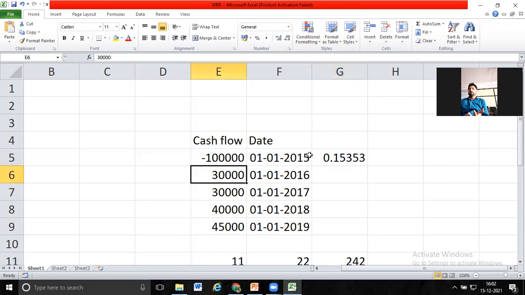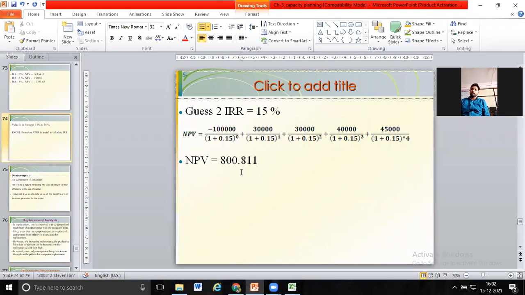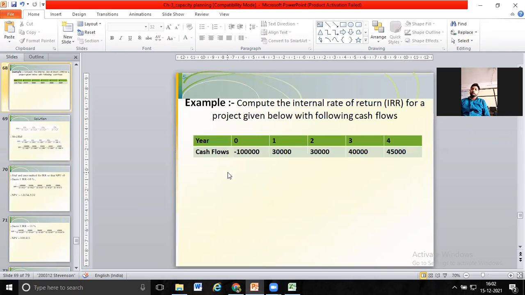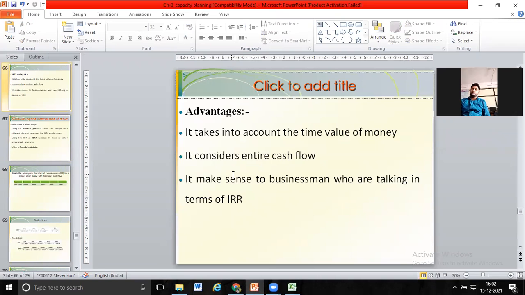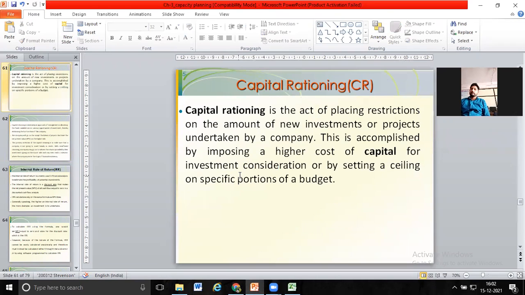Everything is easy in Excel, but by hand the calculation for IRR is somewhat difficult. You have to do the calculation by using the iterative method, and then you will get the final answer.